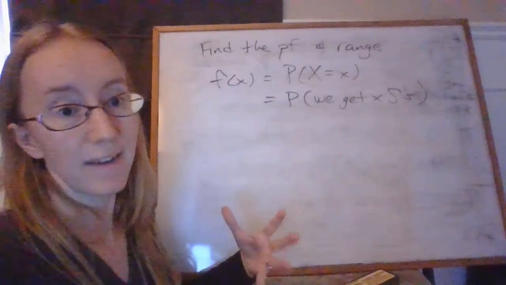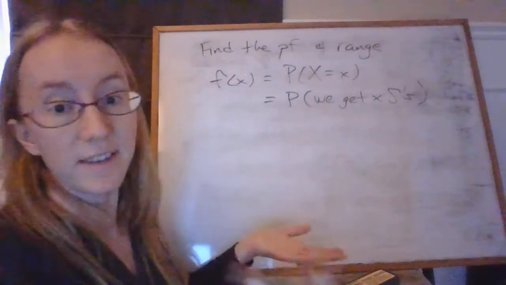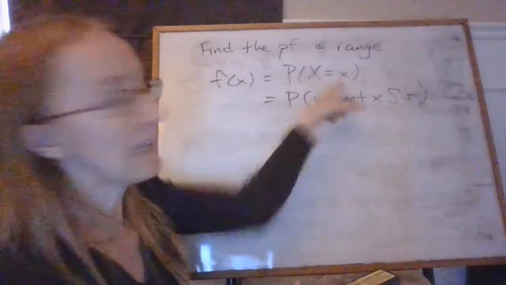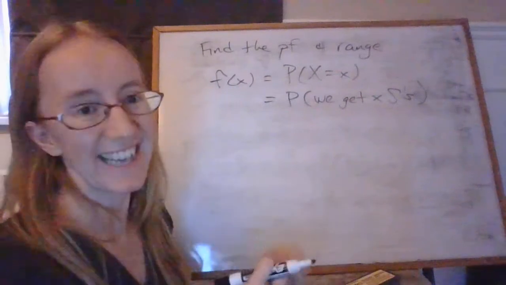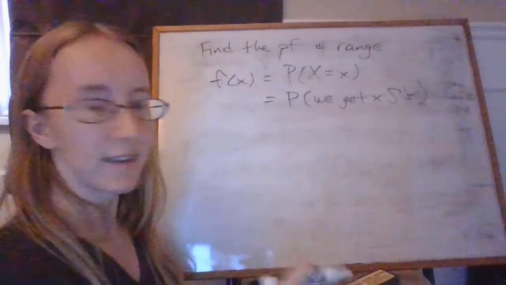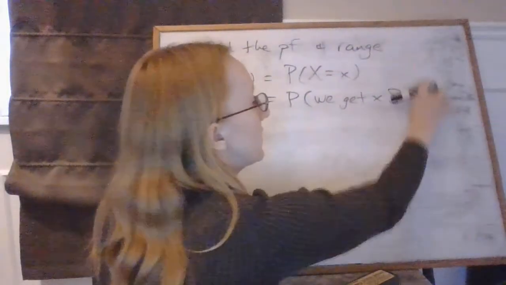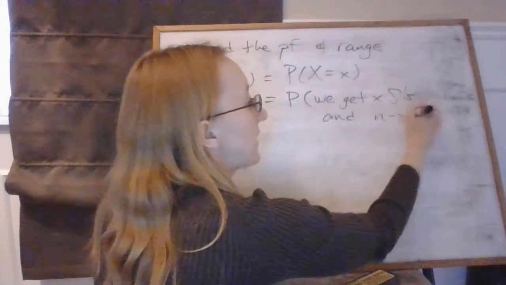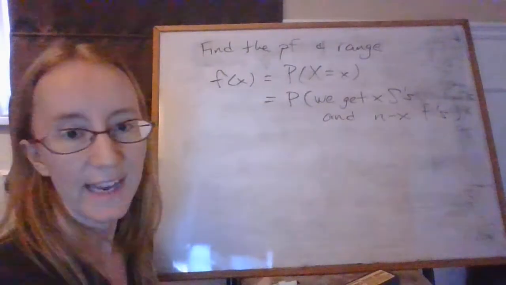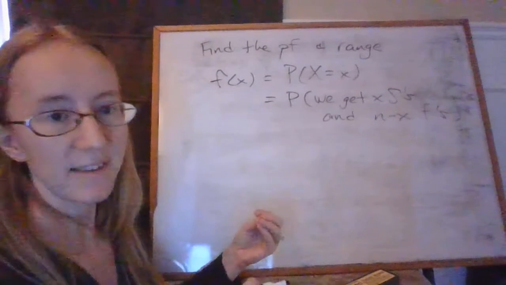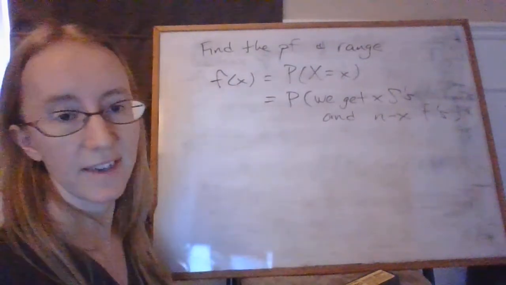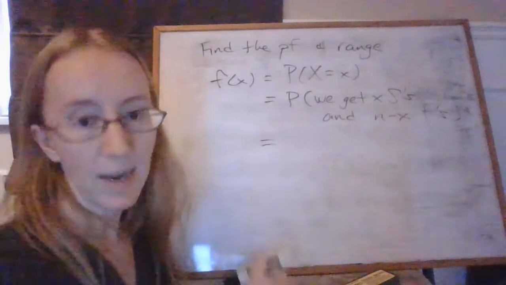By necessity, if we want x successes, the rest of them have to be failures. So if we want big X to equal little x, we need to select little x successes and the rest of them, n minus x, failures. If we want the random variable to equal x, we need little x successes and little n minus little x failures. And that is just a chapter 3 problem.